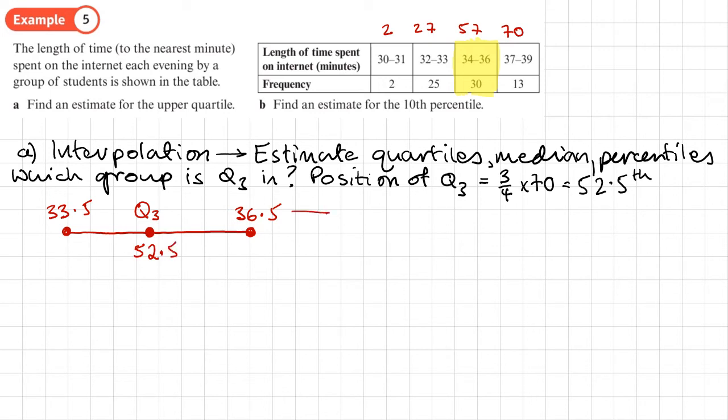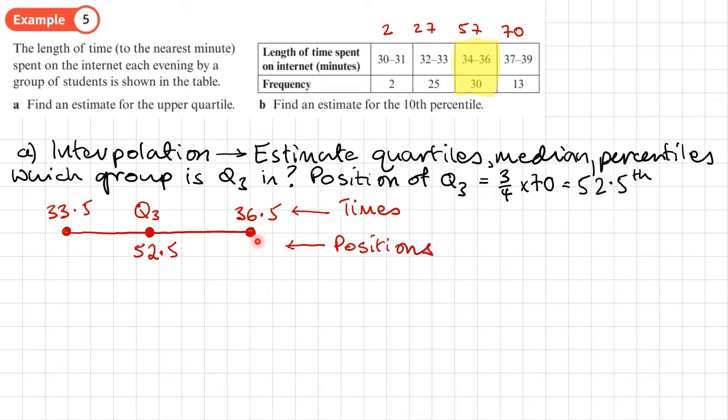So what I've got here at the top are the actual lengths of time spent on the internet. So I've got the times up here. Q3 is the time that I want to find. And at the bottom here, I'm going to be writing down positions, and I've got this position here already. So these are going to be positions.